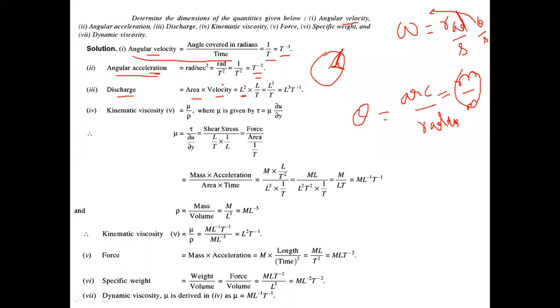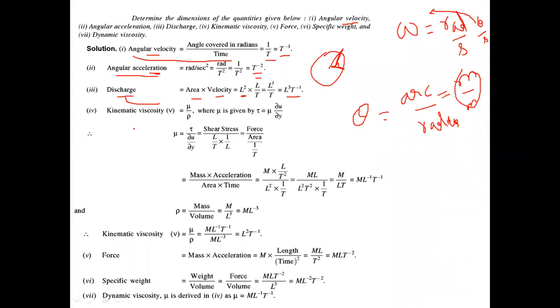Now velocity is the ratio of length per unit time. If you simplify, it will become L cube by T, or L cube T to the power minus 1. So discharge was a derived dimension, and it is converted into fundamental dimension, L cube T to the power minus 1. I hope it is clear to you.